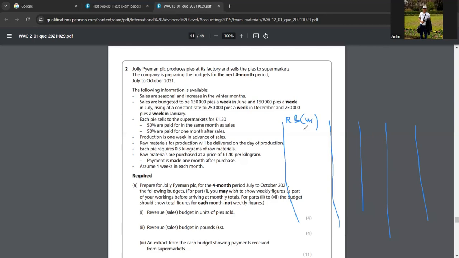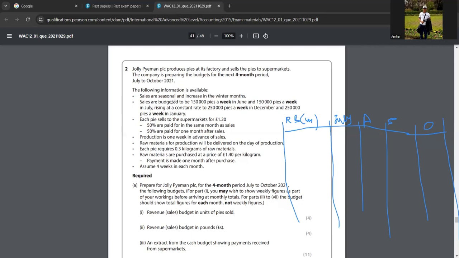And then in the second column you have to write the month. So you have July, August, September, and then October. So what does this mean?